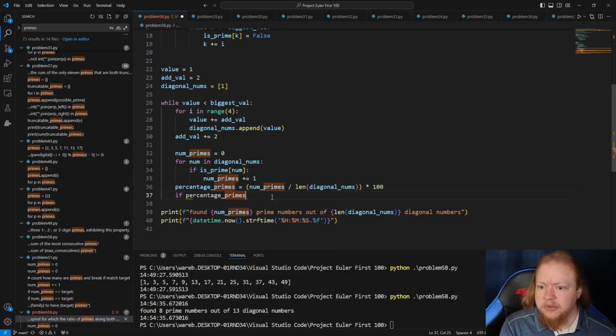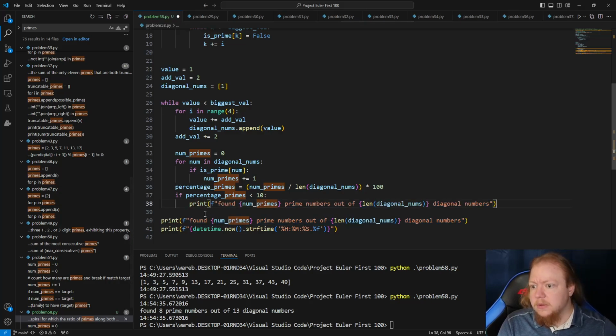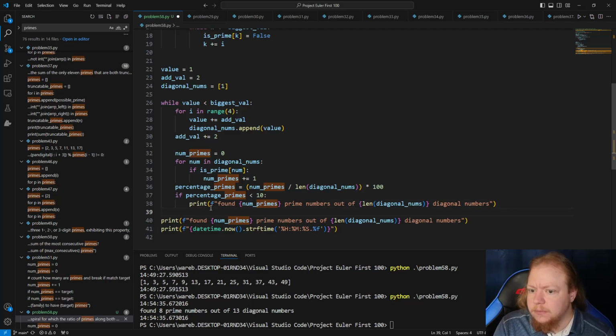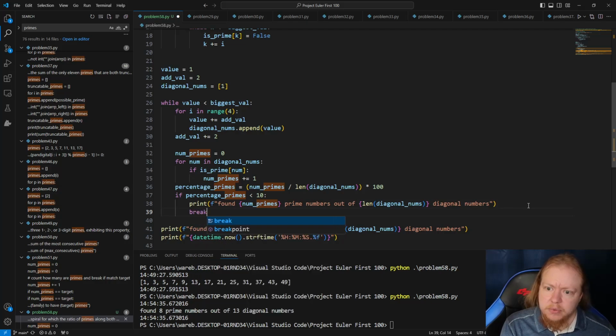And then if percentage primes is less than 10, print out that, break.